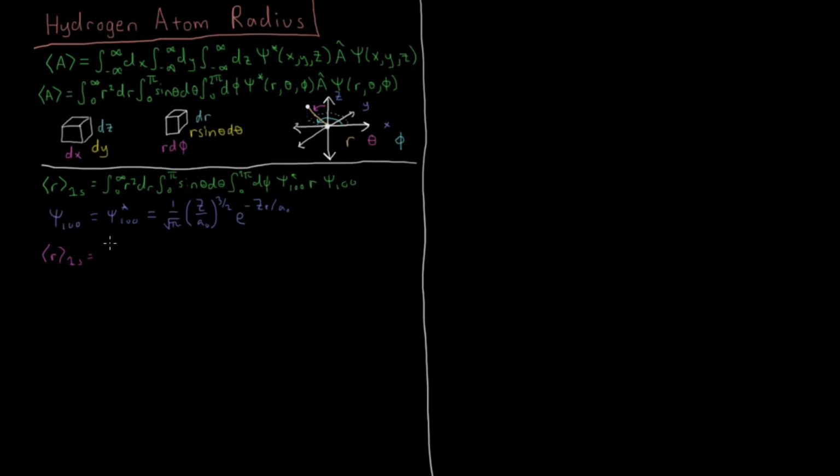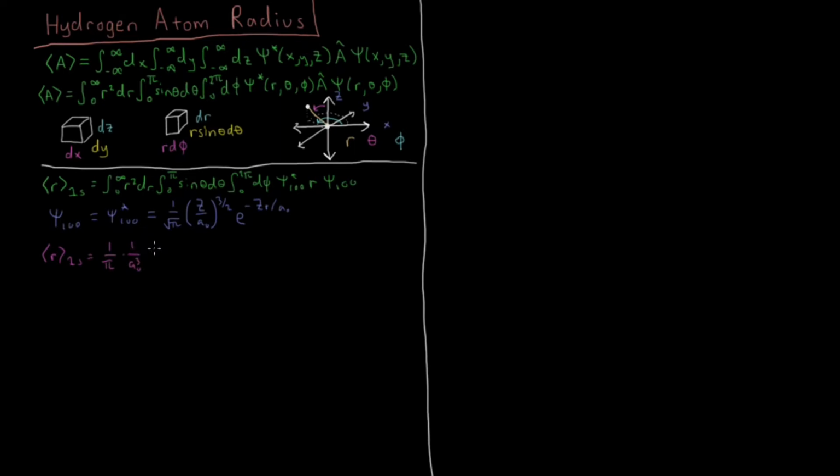We can pull out a 1 over pi, because our r operator commutes, multiplication is an operation that commutes, so we can just say r times psi star psi. And psi star psi is just psi squared in this case, since psi is real. So squaring this, we get 1 over pi. Z is going to be 1, so I get times 1 over a naught cubed.